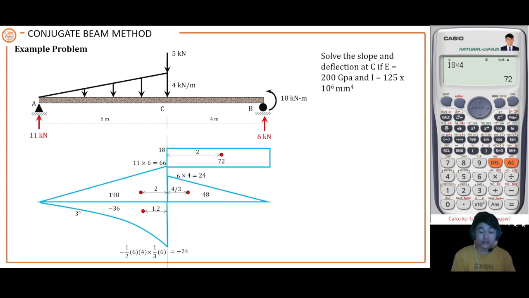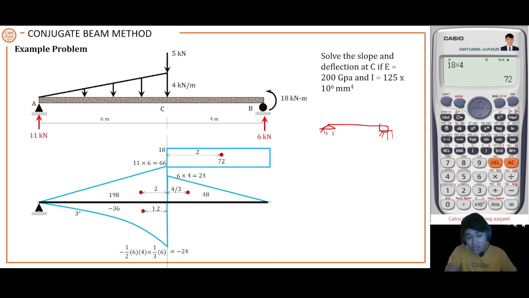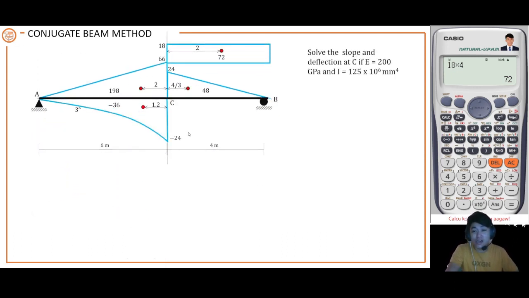We're ready to convert the real beam into the conjugate beam. However, this real beam is just simply supported. If we have a simply supported beam, the hinge is at the end, so this will still be a hinge and this roller will still be a roller support. And this is now your conjugate beam.